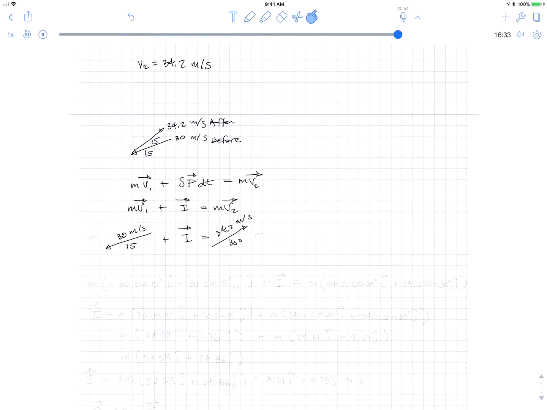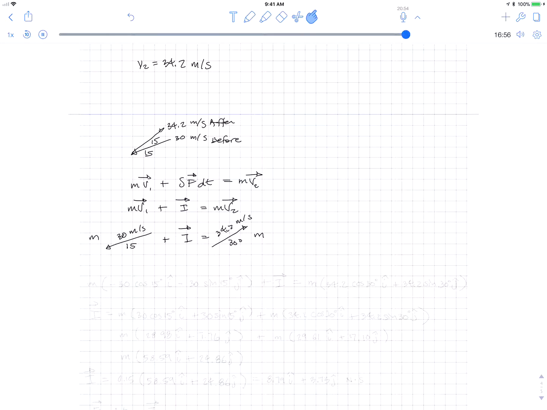And so this is now complicated enough where I don't think I'm going to draw triangles and do law of sines and law of cosines. What I'm going to do instead is break this down into its vector form. Oh, and this is times the mass and times the mass.